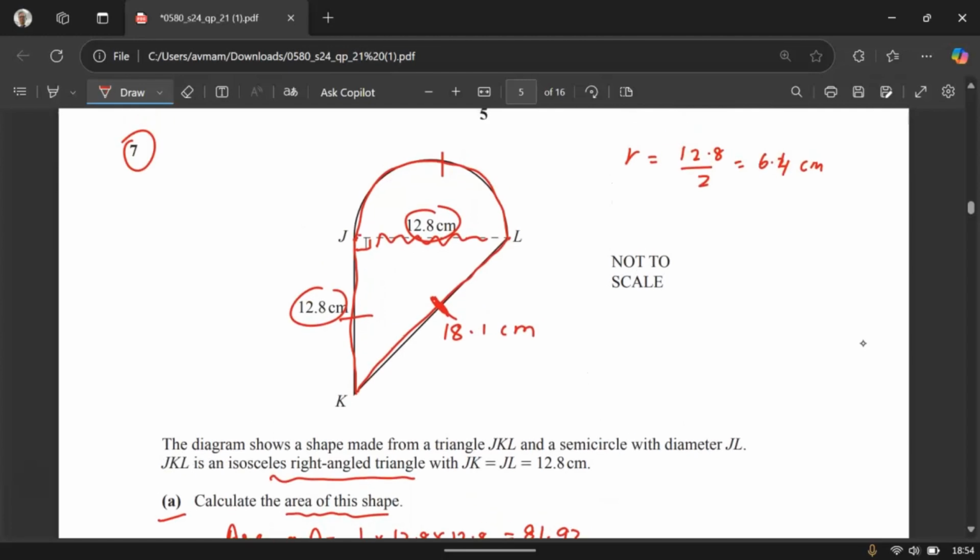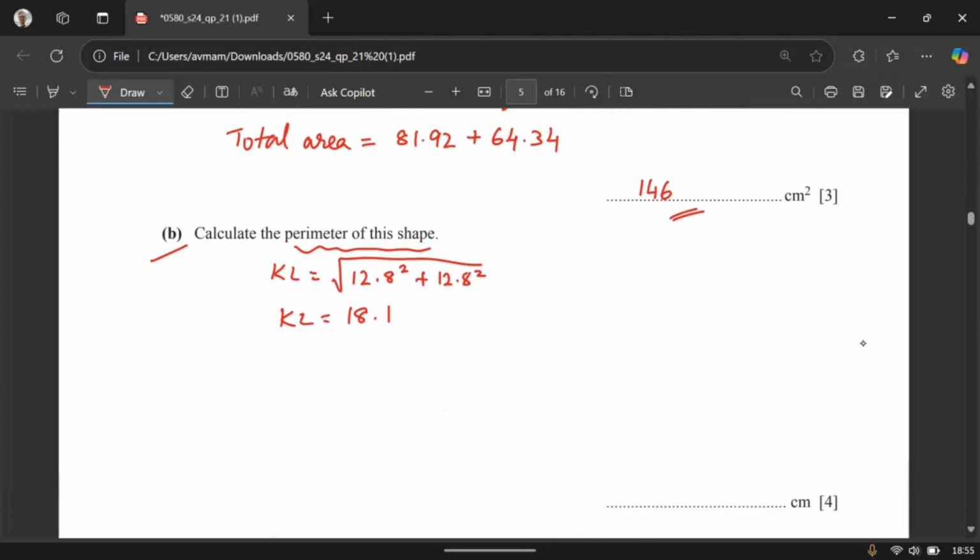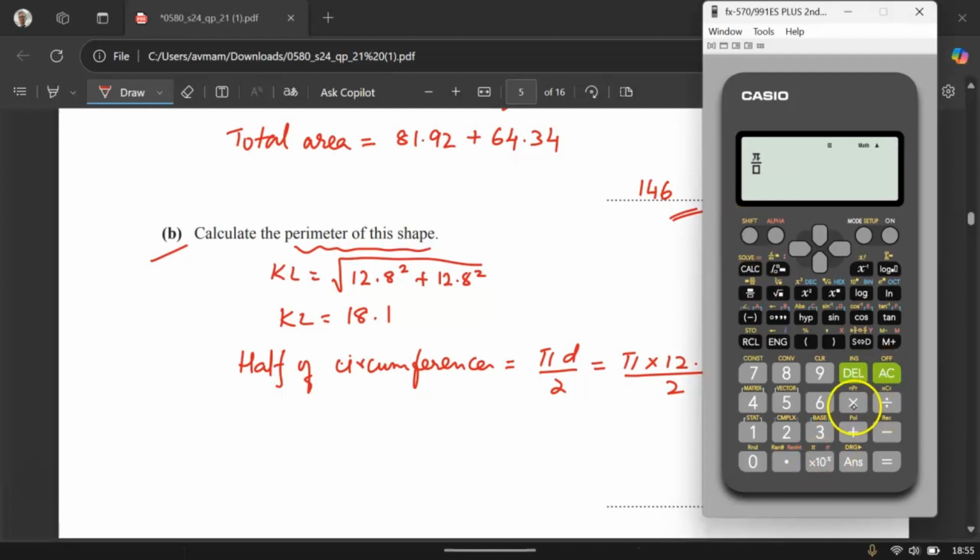Now let's find half of the circumference. We know the diameter, so we can use pi d as the formula, and then we need to divide by 2. Half of circumference is equal to pi times diameter divided by 2, and that's pi times 12.8 divided by 2, which gives me 20.106.